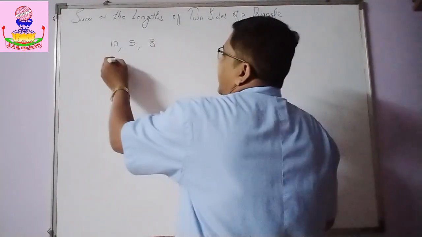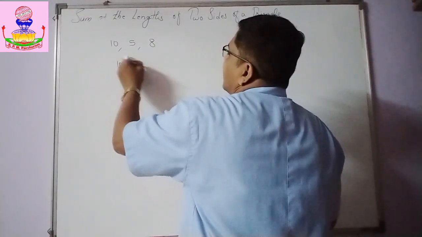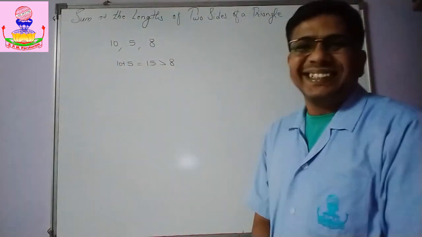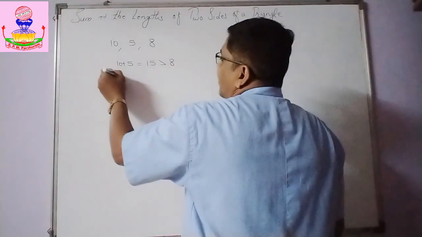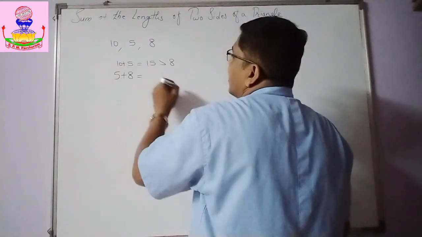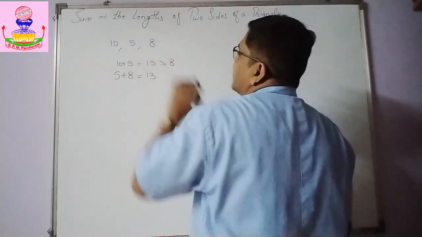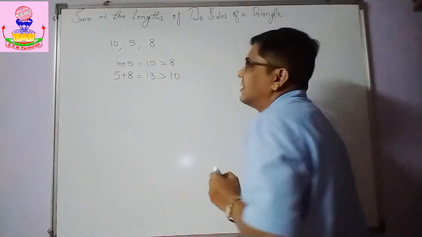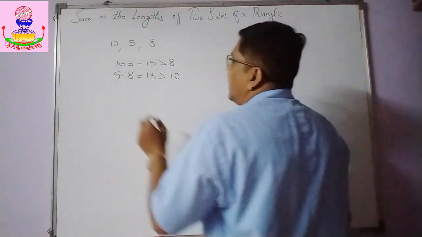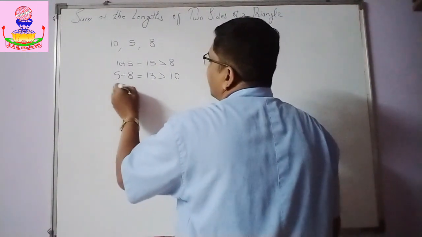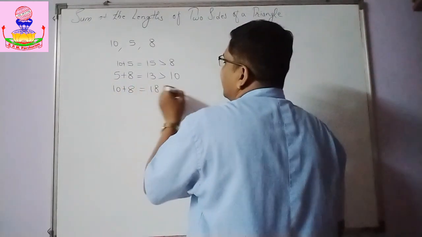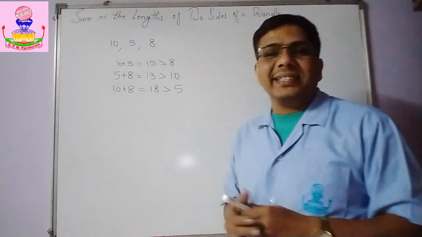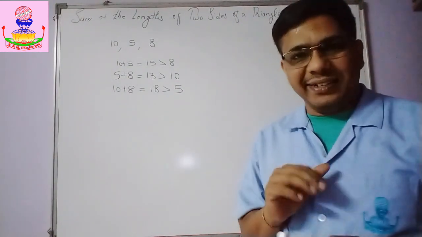So for example, 10 plus 5, 15. Is it greater than 8? Yes. Then 5 plus 8, you have to check for each and every possibility. So 5 plus 8 is 13. Is 13 greater than the third, 10? Yes. And 8 plus 10, now the third possibility. 10 plus 8 is 18. Is 18 greater than 5? Yes.